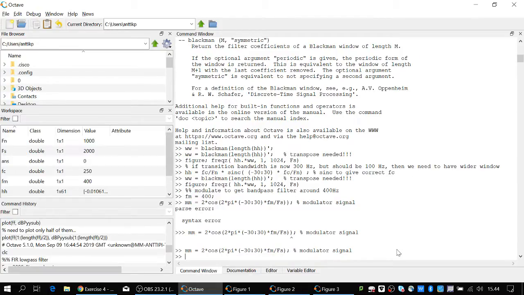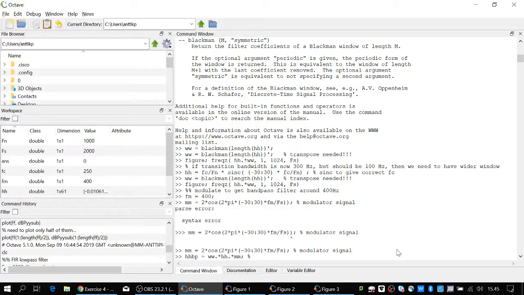Yes. Okay, so next I'll just multiply everything together and say, okay, this is my bandpass filter design: window dot times that sinc, which was the h8, dot times the modulator. So it's the cell-wise product.